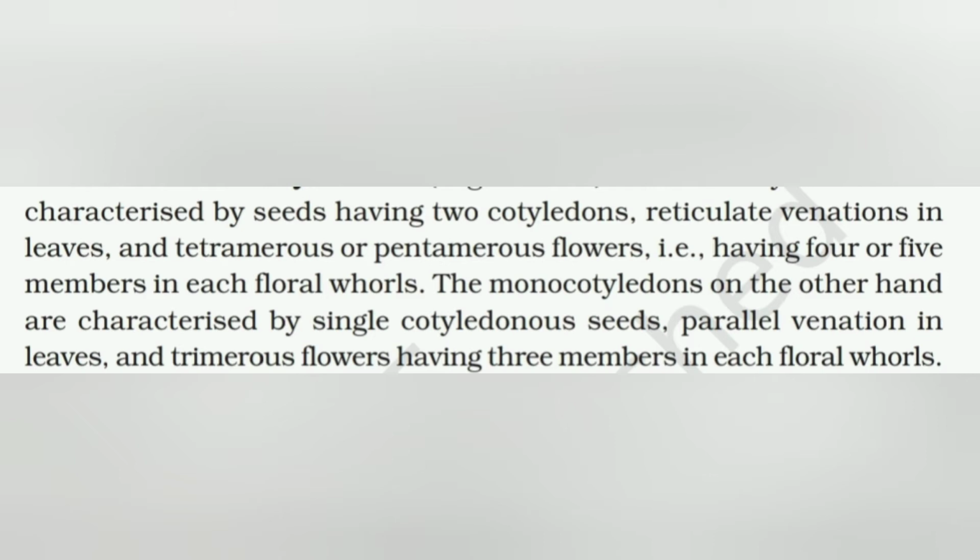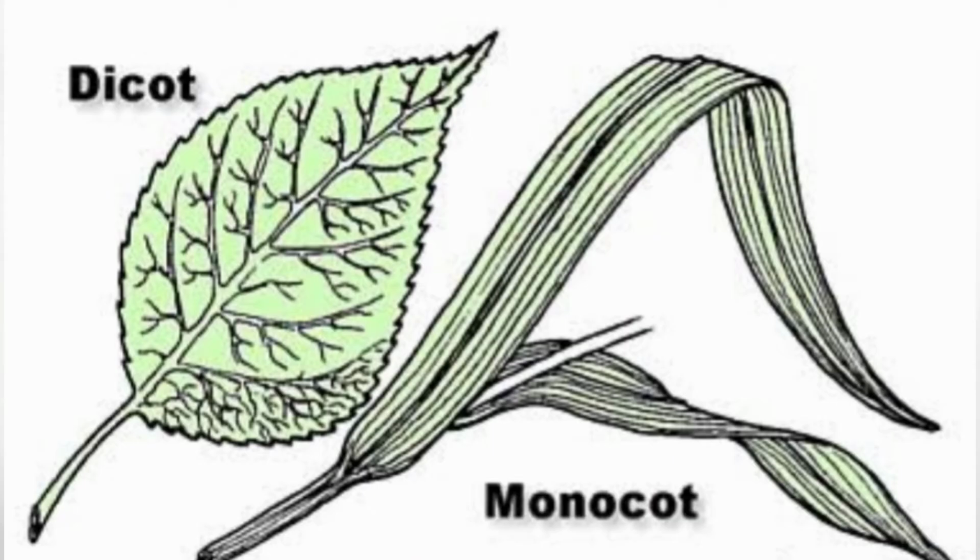So the flower has 4 members in each whorl. While monocots have parallel venation, as we can see here, the dicot is having a network-like structure, while monocot is having parallel lines for the veins. Monocots are generally trimerous, meaning they have 3 members in each floral whorl.